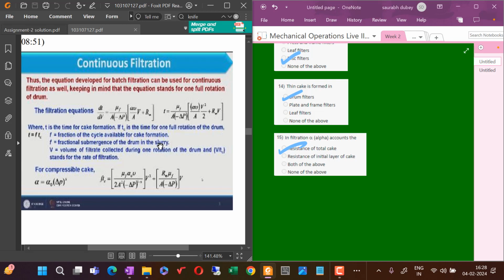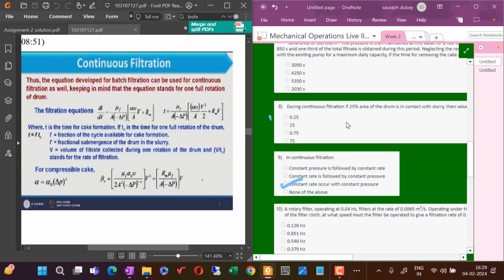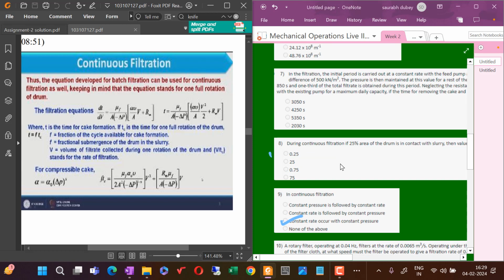The entire cycle will be there, and some part of the cycle at the bottom is available for cake formation, and then further somewhere washing is happening, somewhere the cutting is happening, and the thing is under vacuum. So vacuum is sucking it up in order to maintain the filtration rate. So 0.25 is the correct answer. That is the fraction.